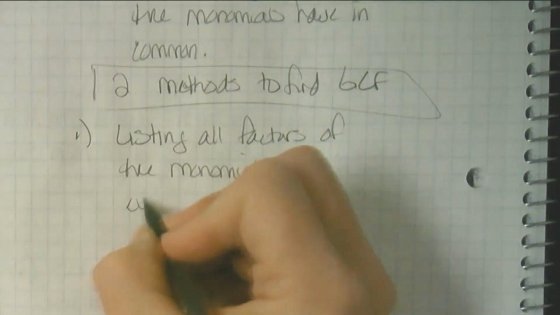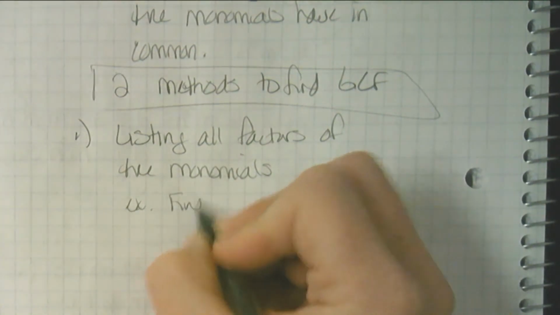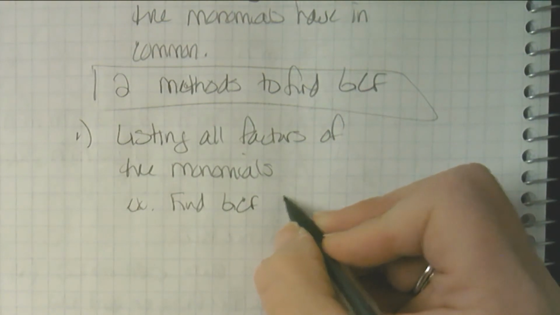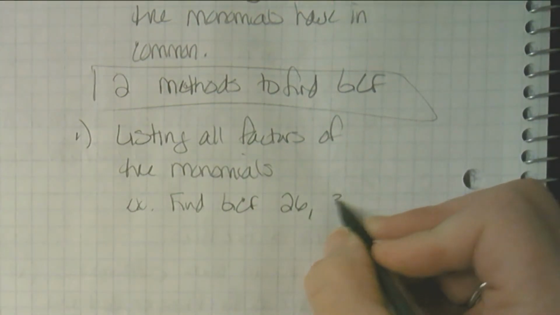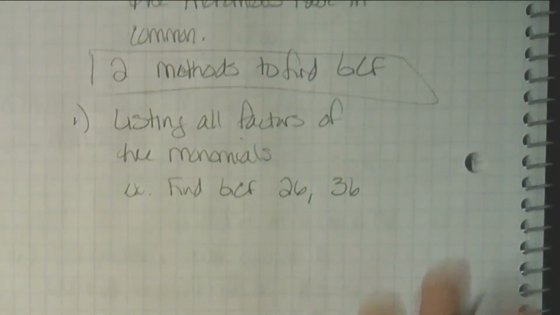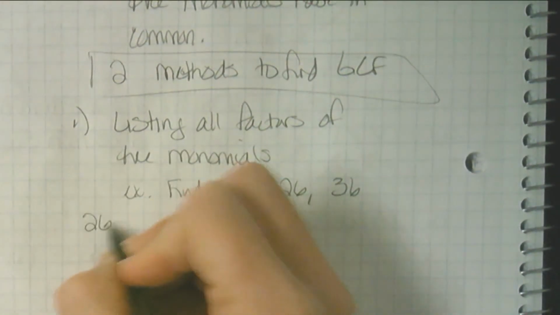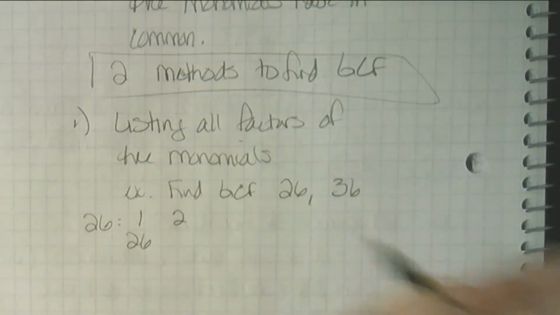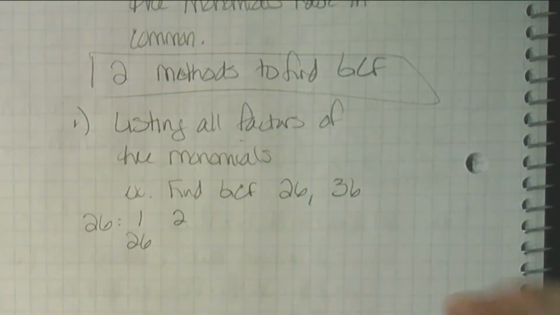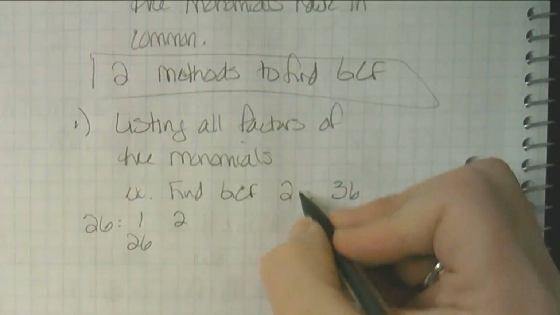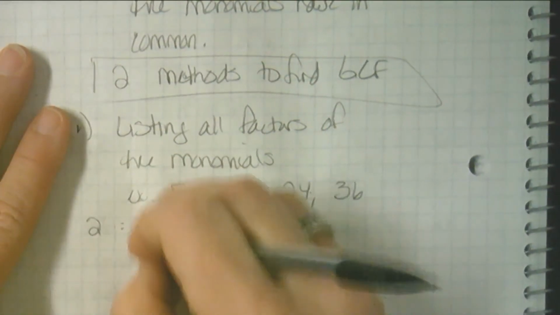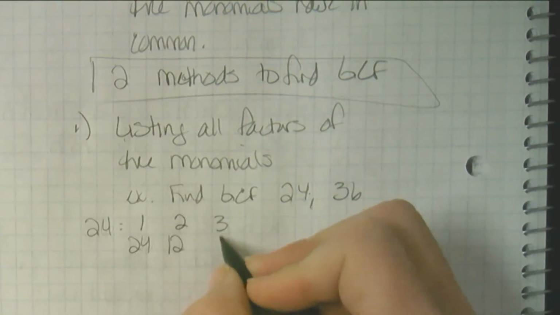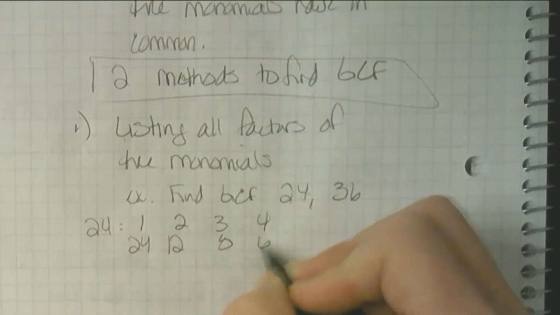For example, if I wanted to find the GCF of 24 and 36, let's do 24, that's going to make more sense to me. That might be easier. 1 and 24, 2 and 12, 3 and 8, 4 and 6.